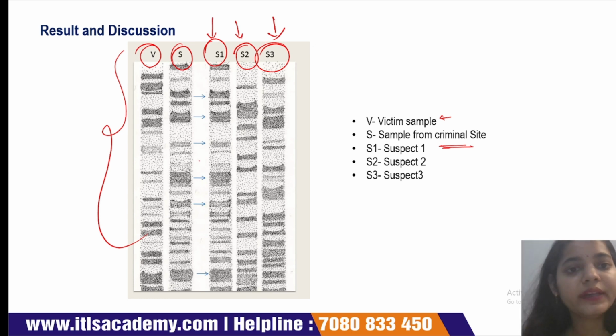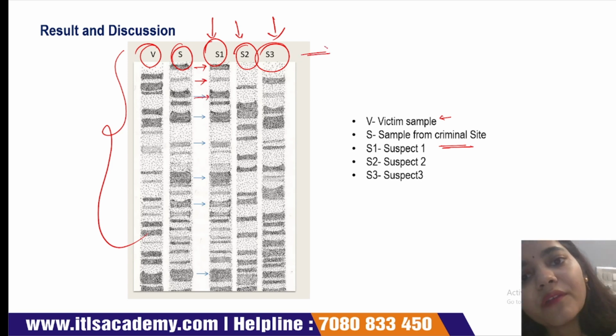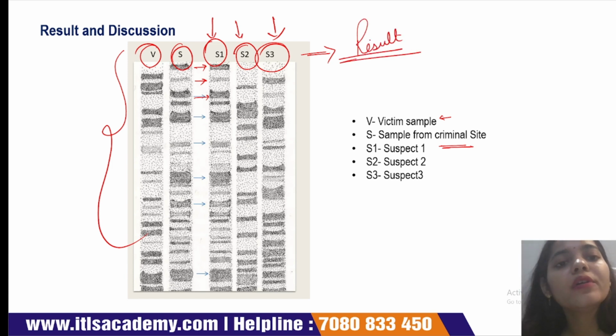Now here we perform the matching: first to first, second to second, third to third. After the matching process, we can easily predict our result. We analyze which one of these suspects the sample from the crime scene matches.